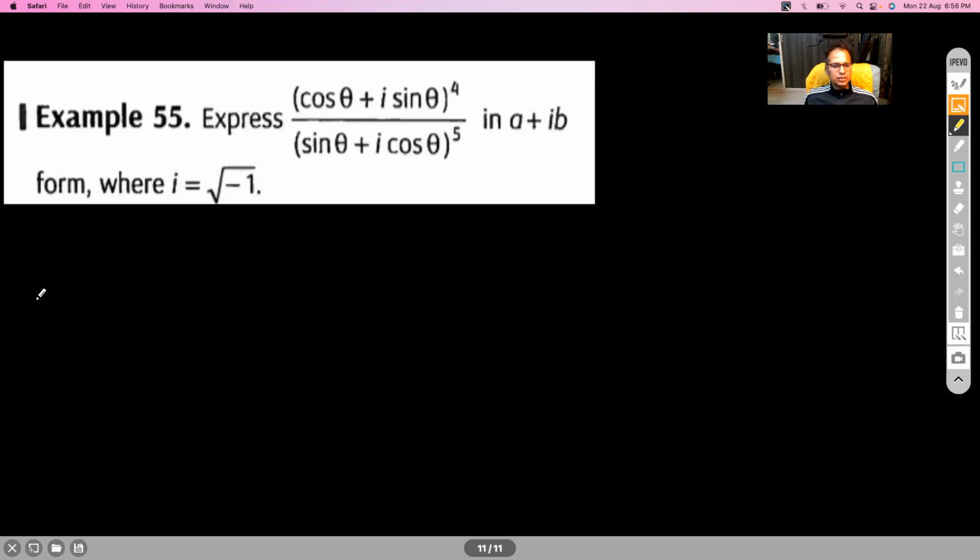Yeah, let's take this question. Express cos theta plus i sin theta to the power 4, whole divided by sin theta plus i cos theta to the power 5, in a plus ib form.